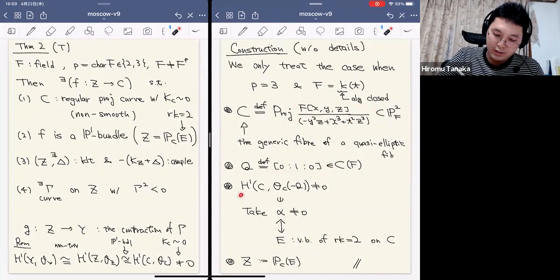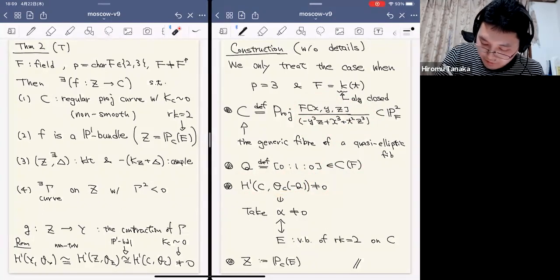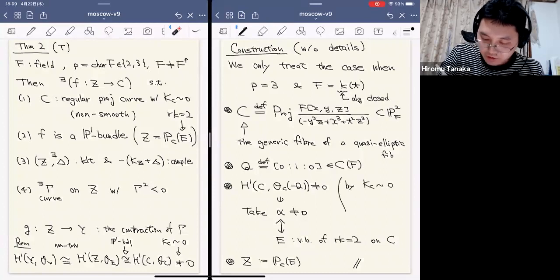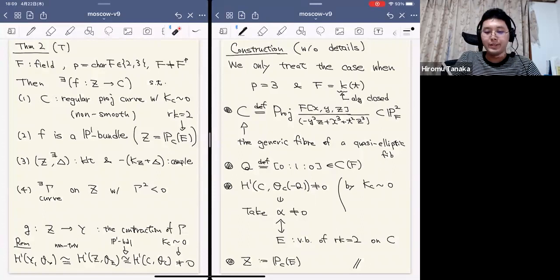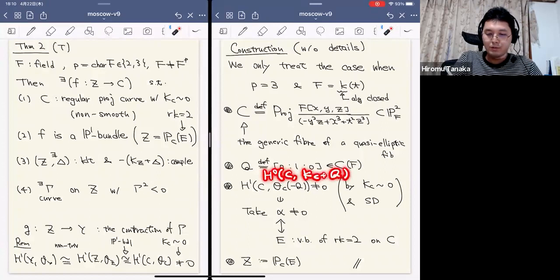Then we see that this cohomology is not vanishing. This follows from Serre duality and the triviality of the canonical divisor. As I said, this is a cubic curve, so the canonical divisor is trivial. So we apply Serre duality. Then this becomes H0 of C, K_C plus Q. But K_C is trivial, so this is non-zero.